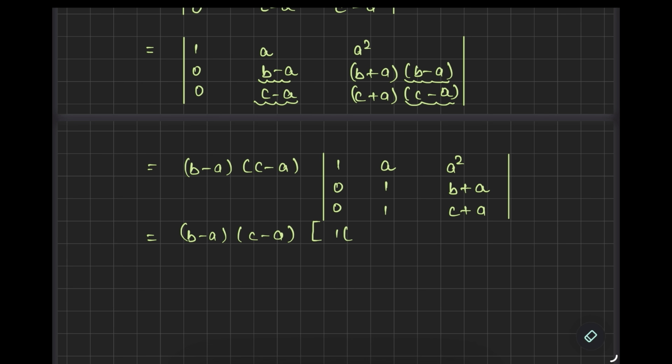So it is c plus a minus b minus a, minus 0 times anything will be 0, plus 0 times anything will be 0. So this thing is done. So a minus a gone.